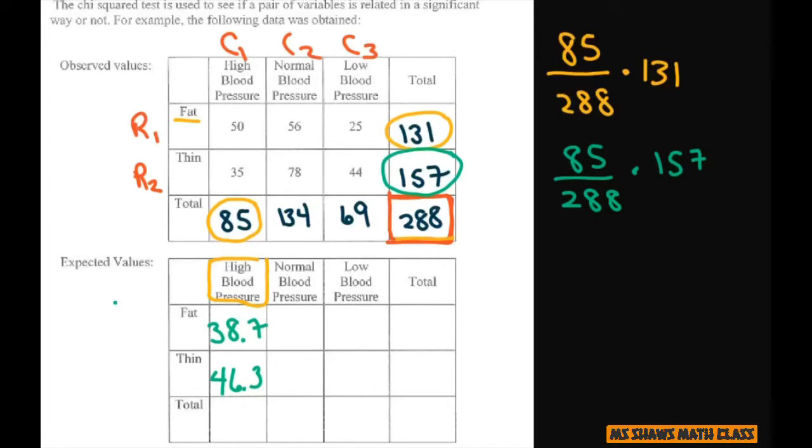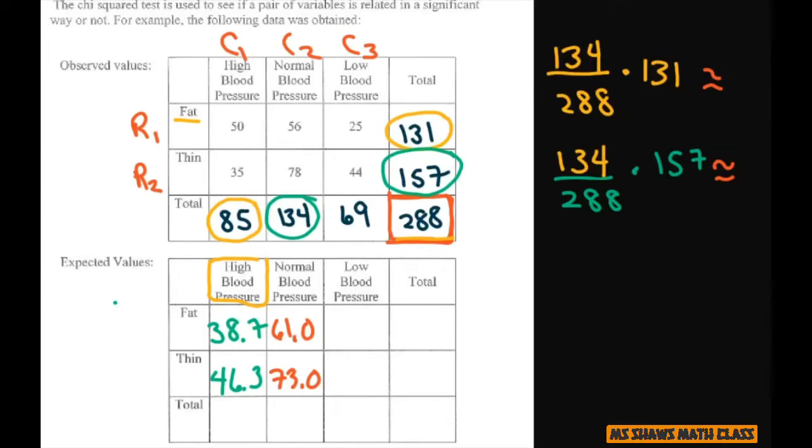So we still have our 288 for total, but here we're changing these to 134. And so for your fat, you're multiplying it by 131. When you multiply this, you're going to get approximately 61.0. And then when you do the thin, that's going to be approximately 73.0.